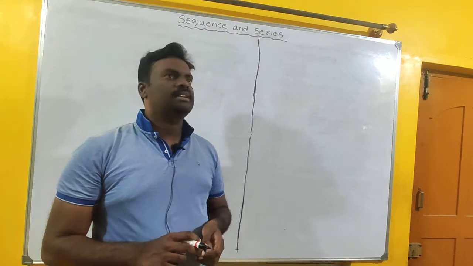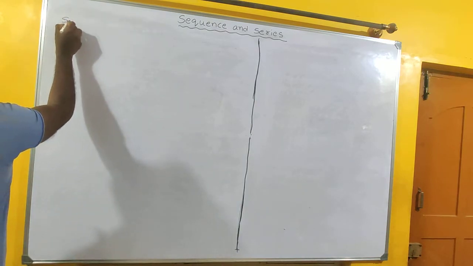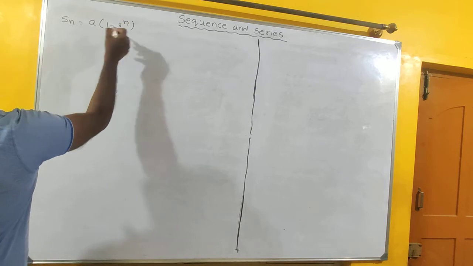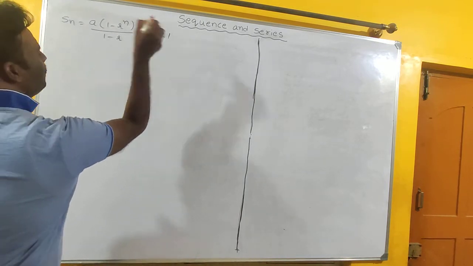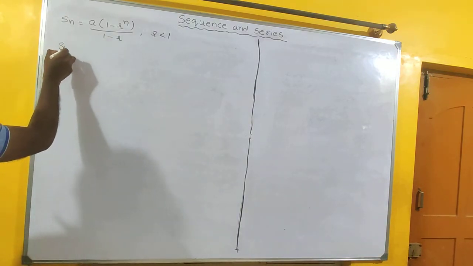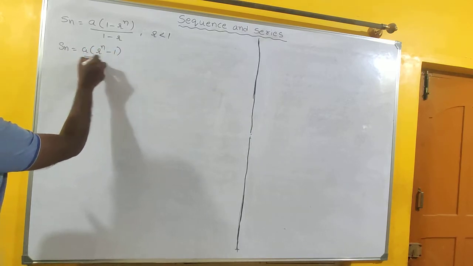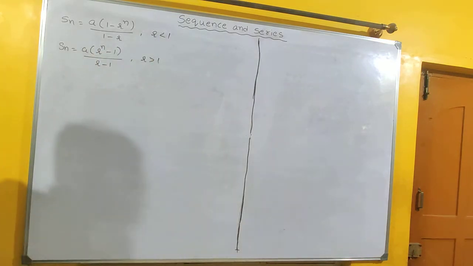Okay, next we will discuss the sum of n terms in GP. The formula is Sn is equal to A into 1 minus R power n by 1 minus R if R is less than 1. So we have one more formula: Sn is equal to A into R power n minus 1 by R minus 1 when R is greater than 1.